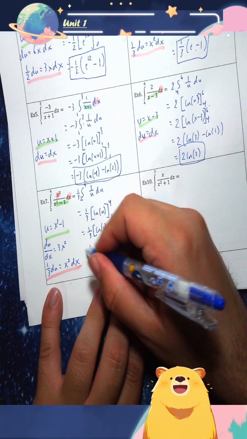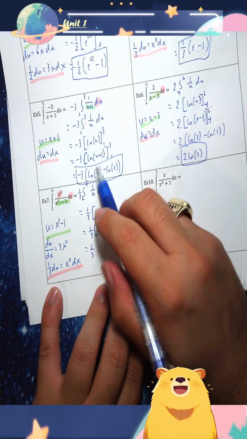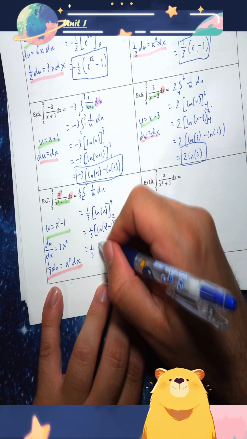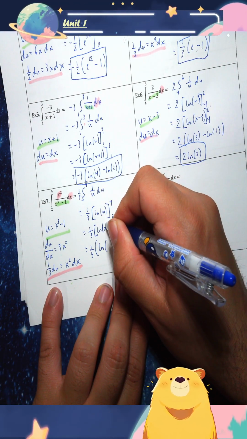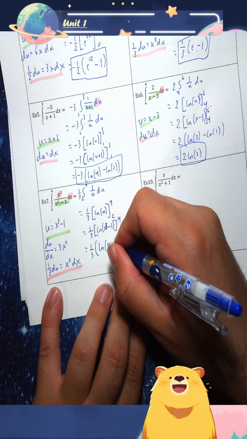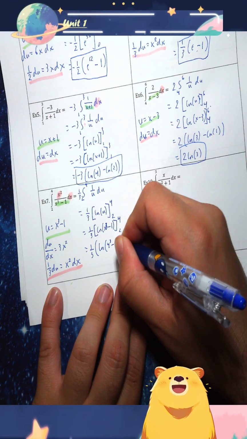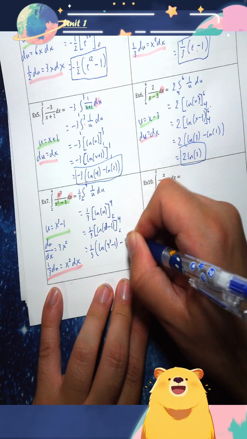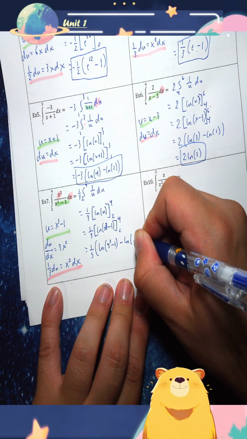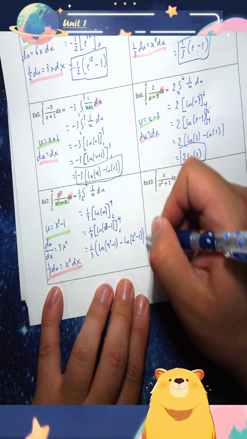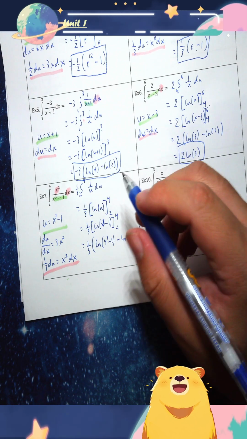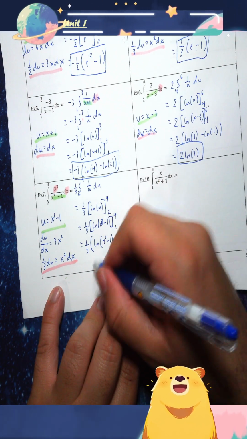This step I did skip over because it was a bit easy to do in your head, but I'm going to do these out loud because I don't want to mess this up. So I'll do 4 to the power of 3 minus 1, and minus ln of 2 to the power of 3 minus 1. 4 to the power of 3 is 64.